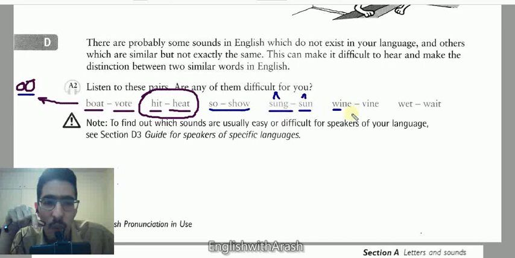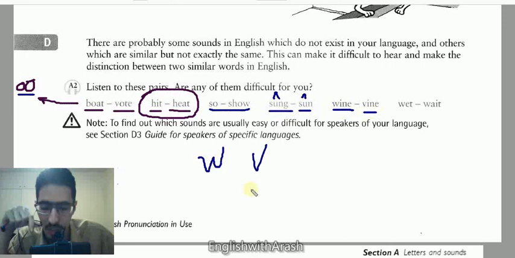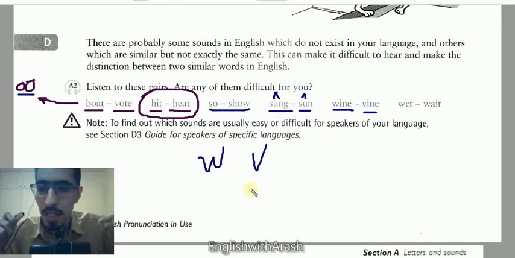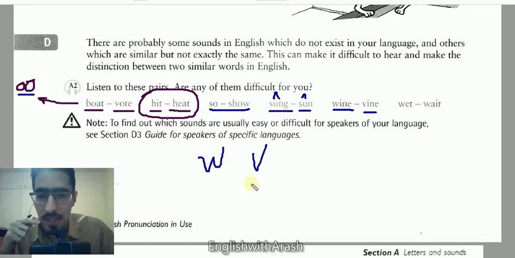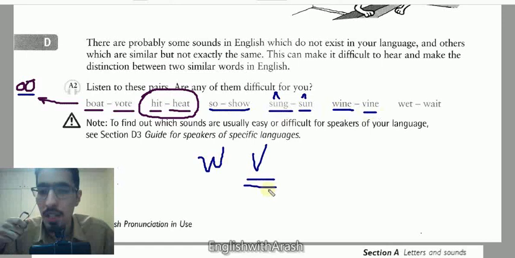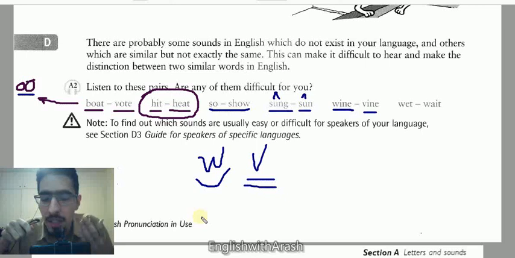Next one is wine and vine. Oh, another important one. W and V. I think all of you know, but you have to practice more to put it in your speech, okay? So when you're saying V, your teeth go on your lower lip. Vine. But when you're saying the W one, your lips come forward like this. Wine.